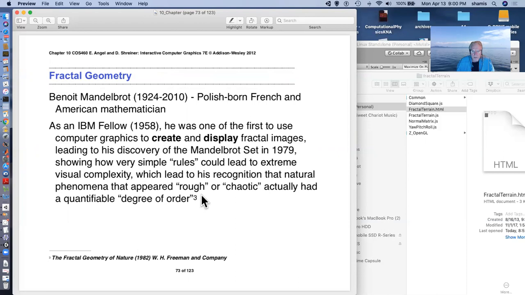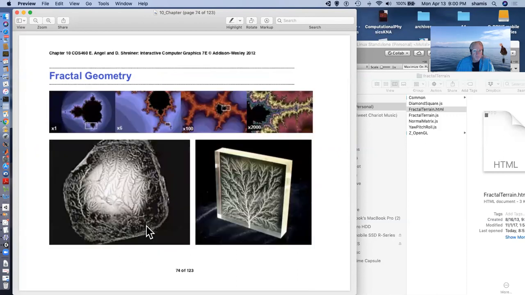And also, he recognized that natural phenomena that appeared rough or chaotic actually had a quantifiable degree of order. And this was discussed in a book, The Fractal Geometry of Nature.